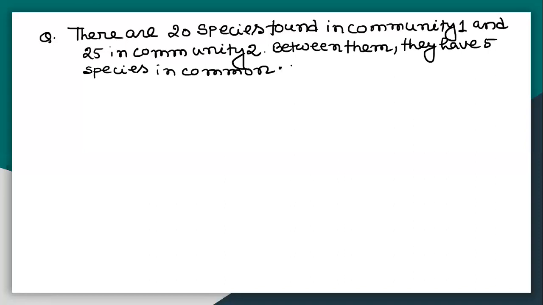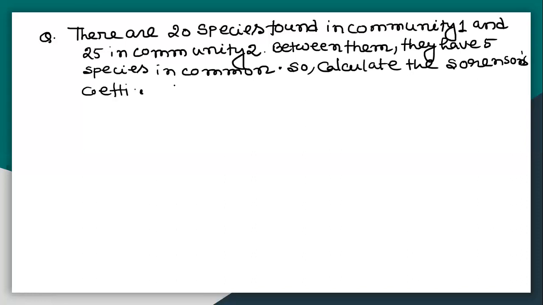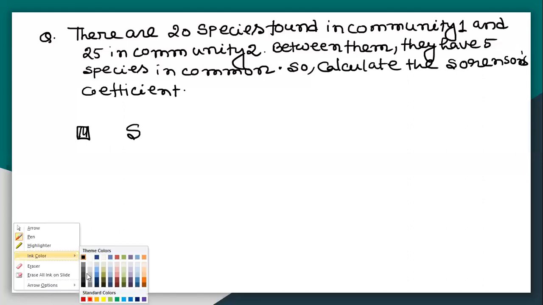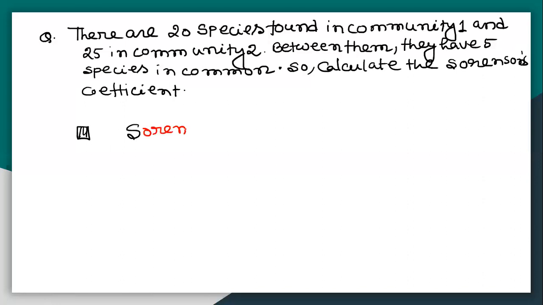So you have to now calculate the Sorensen coefficient. Here the answer will be the Sorensen coefficient.